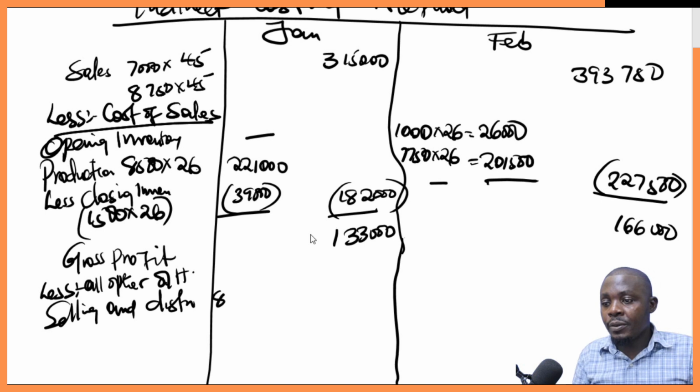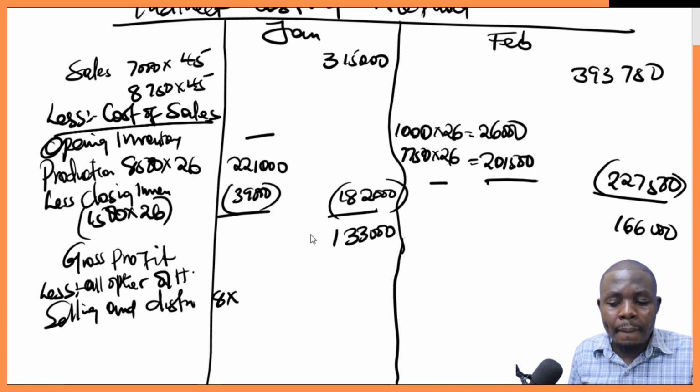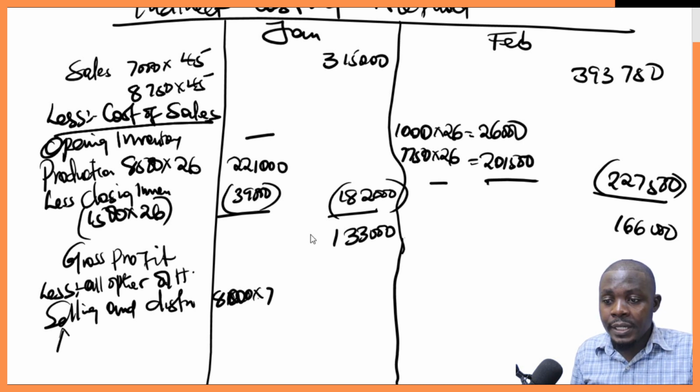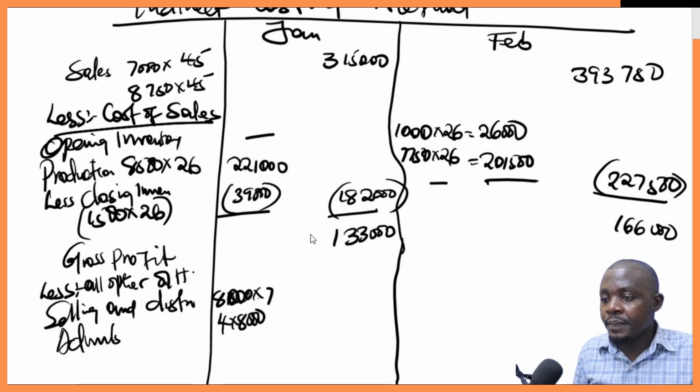If you remember, it was 8 multiplied by 8,000, sorry. 8,000 multiplied by selling and distribution, it was 7. Then we had administration, which also took us 4 multiplied by 8,000, which we got 56,000 and 32.